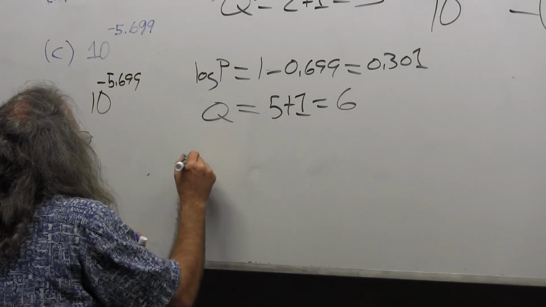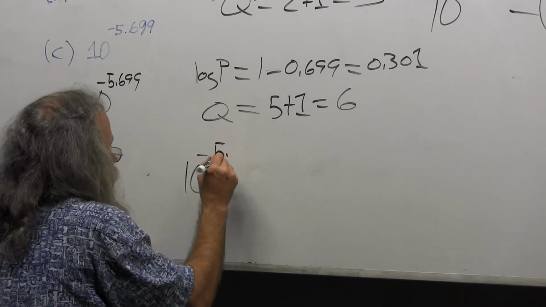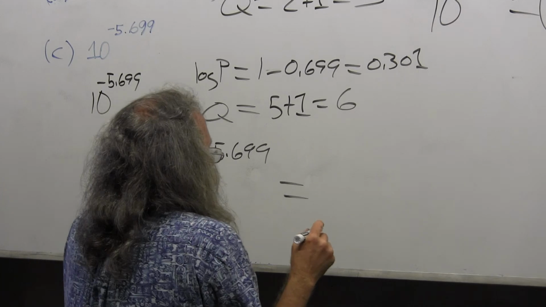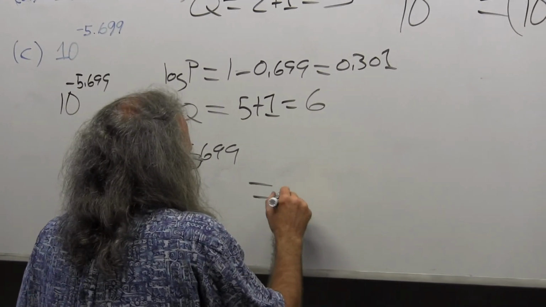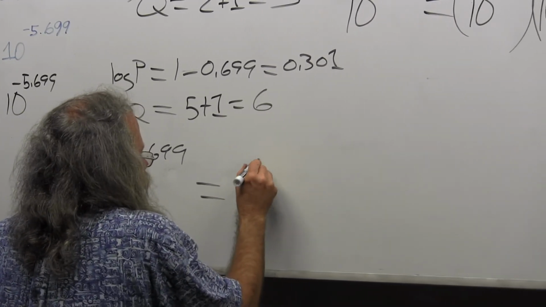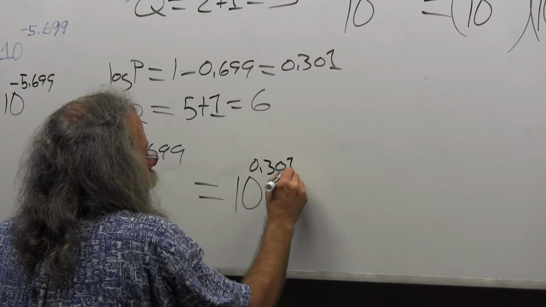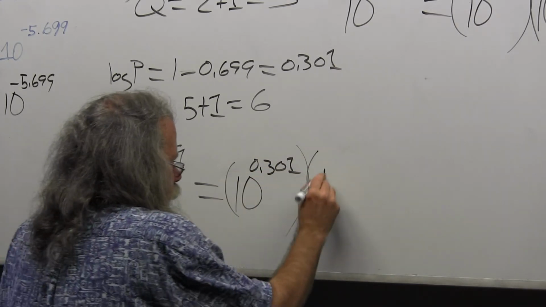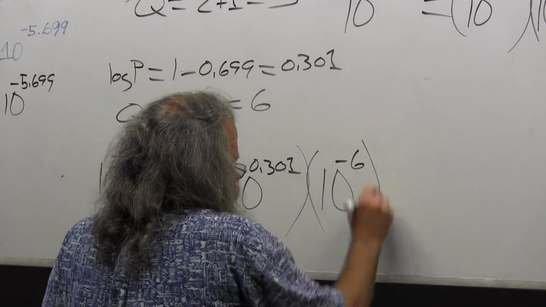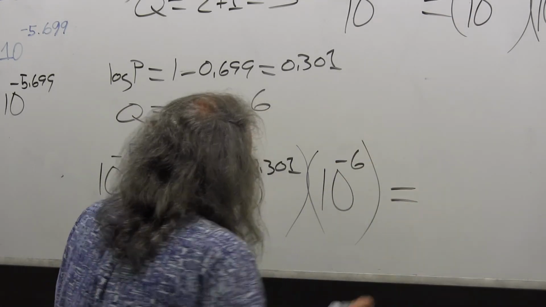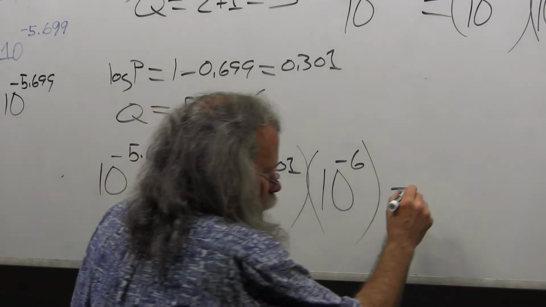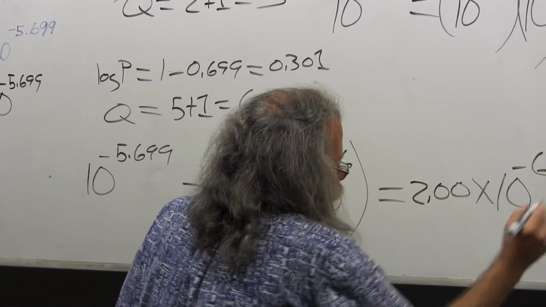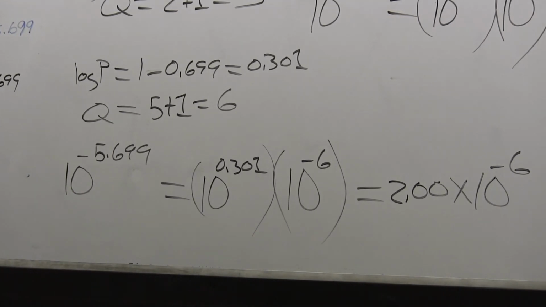And 10 to the minus 5.699 is equal to 10 to the 0.301 times 10 to the minus 6. And then we recognize this as 2.00 times 10 to the minus 6.